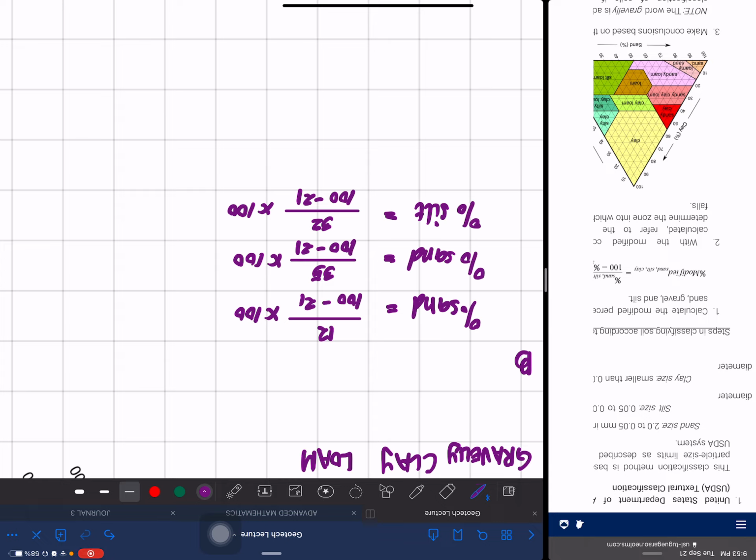So this is the first is 15.19. Ito naman, 44.30. And then, ito is 40.51. Ayan.